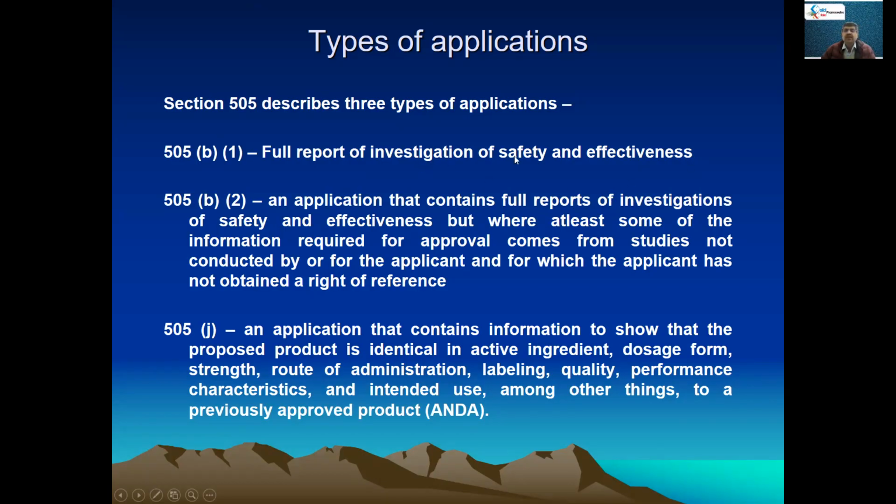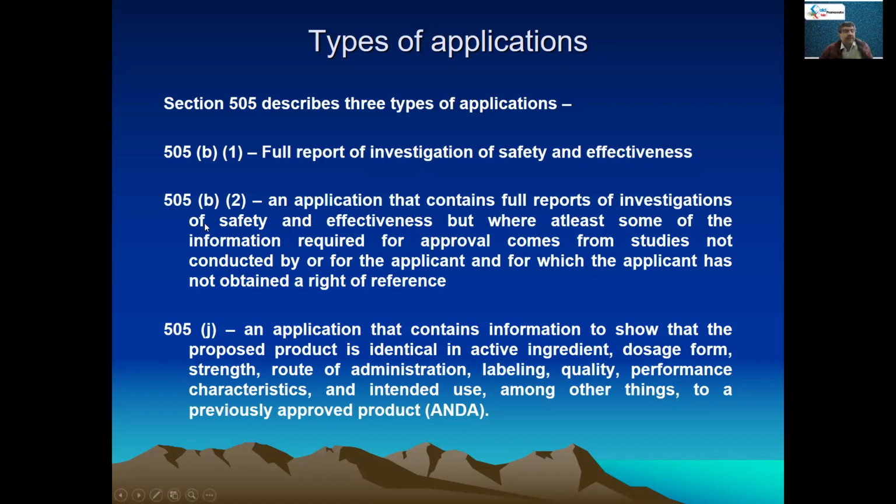These investigations of safety and effectiveness are carried out by conducting the clinical trials. And as we discussed, these clinical trials are conducted as phase 0, phase 1, phase 2, and phase 3 of the clinical trials.